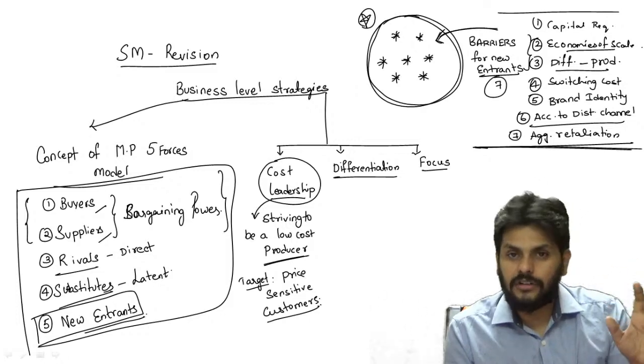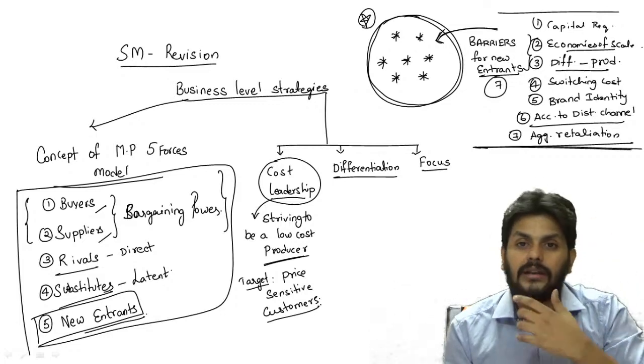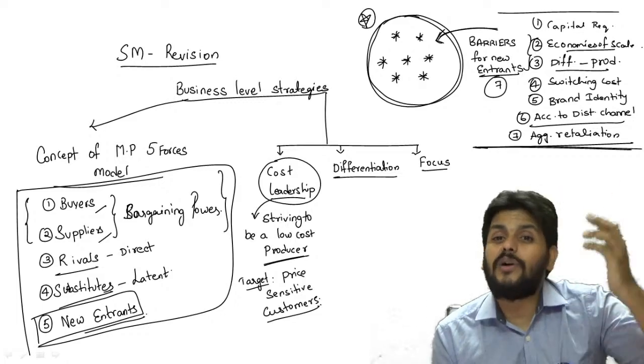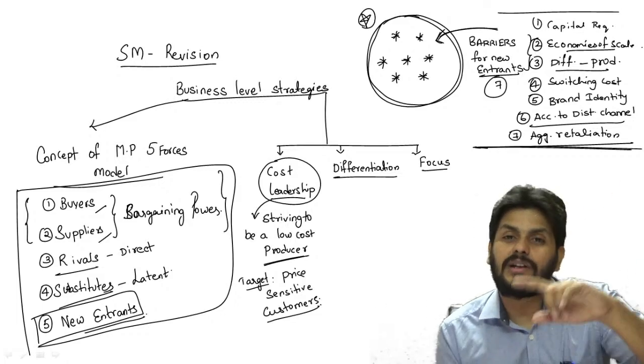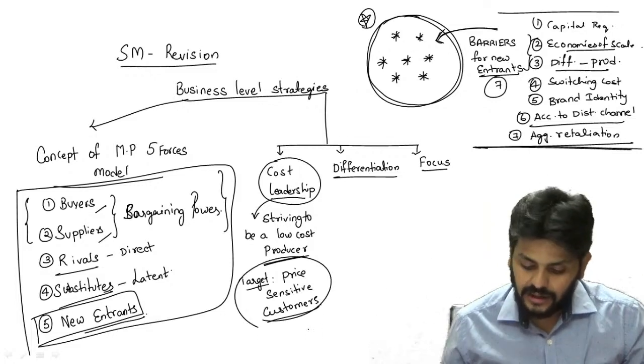You add a margin. Don't deduct the margin, you add margin, and then you can sell it at a price which is lower than or relatively lower than your competitors, which attracts all the price sensitive customers. Let me explain that with a quick example so that you can remember this concept forever.